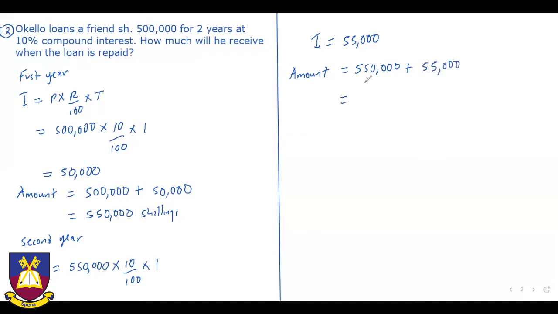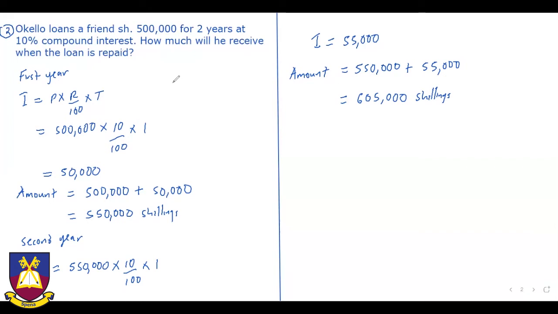And that brings us to 605,000 shillings. This is the money that Okello will receive at the end of the 2 years.